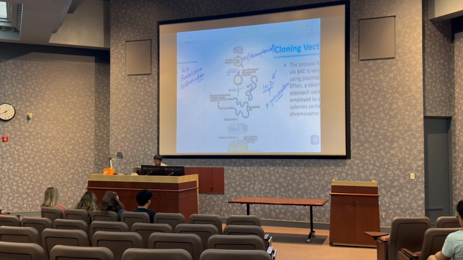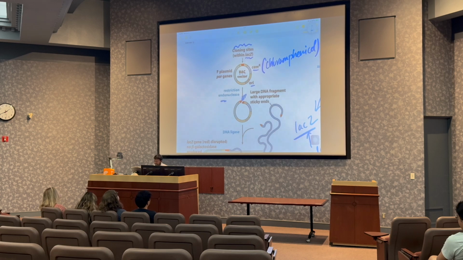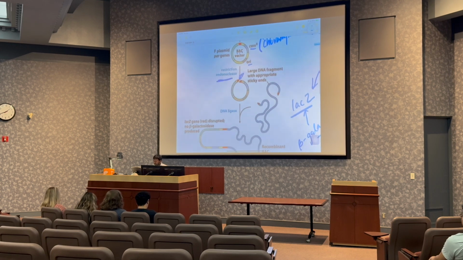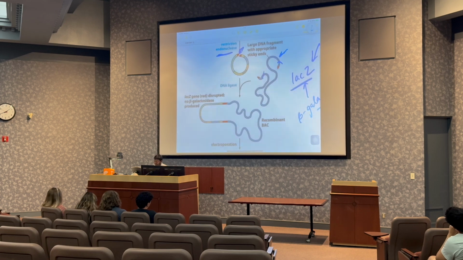You see that this bacterial artificial chromosome is treated with restriction endonucleases, and they will create a large DNA fragment with appropriate sticky ends. Why? Because you are using a restriction enzyme which creates sticky ends. Now you will use the same restriction enzymes to cut a segment of DNA from your gene of interest, and you will add this together with DNA ligase.